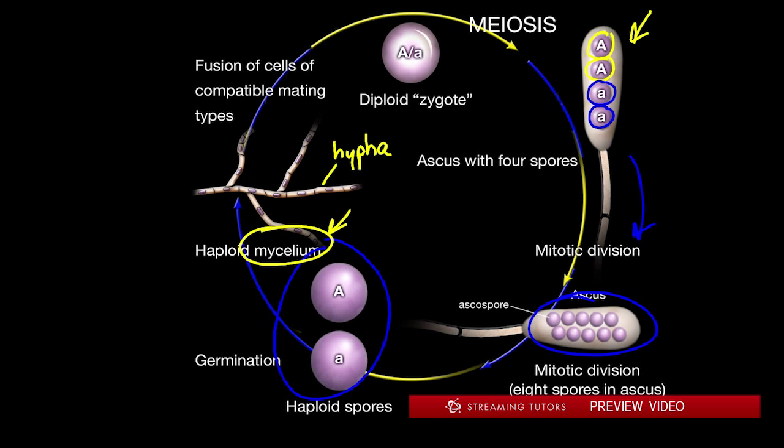Note that the spore germinated and it was still haploid, and all this is all haploid. Fungi are haploid dominant creatures, which is the opposite of most plants and animals. So if 2 compatible strands come together, they can fuse, and what you end up with is a diploid zygote. Now, I just drew it as if it's one cell. Sometimes it is one cell where the 2 hyphae come together.